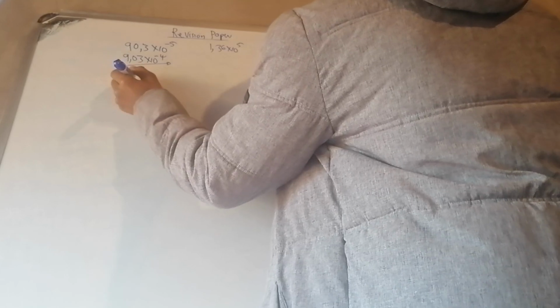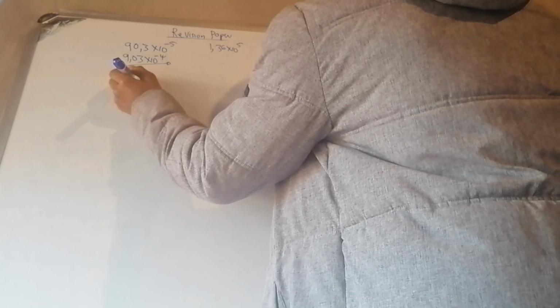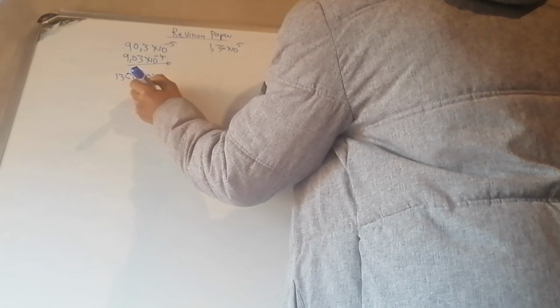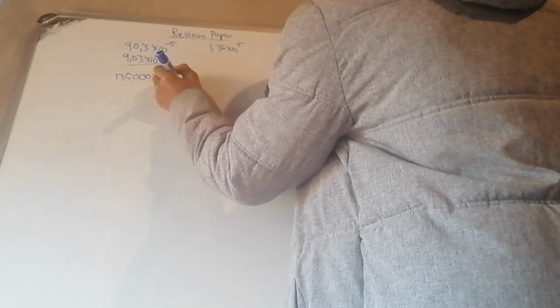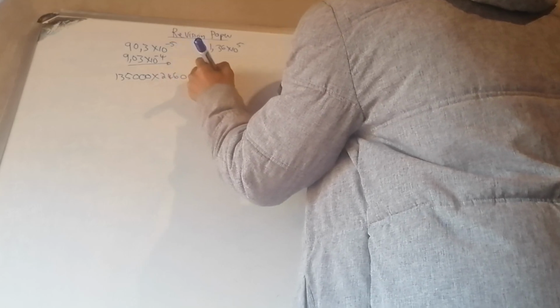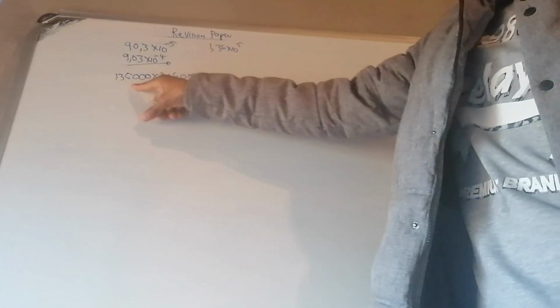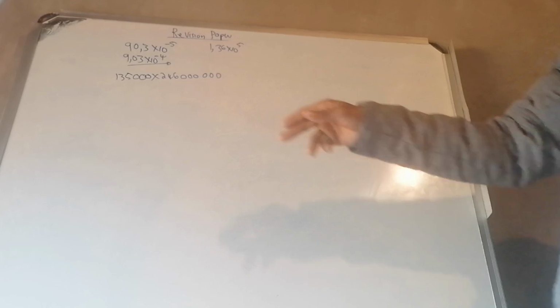All right, and then the following. Use scientific notation to calculate each of the following, giving your answer in scientific notation. 135 multiplied by 246, and give the answer in scientific notation.